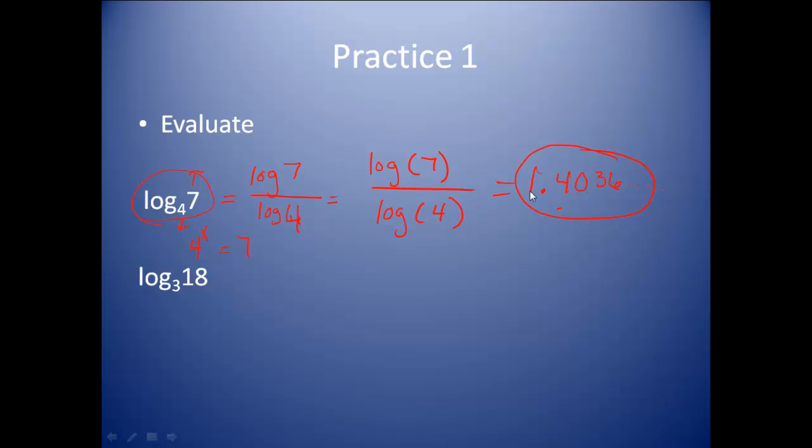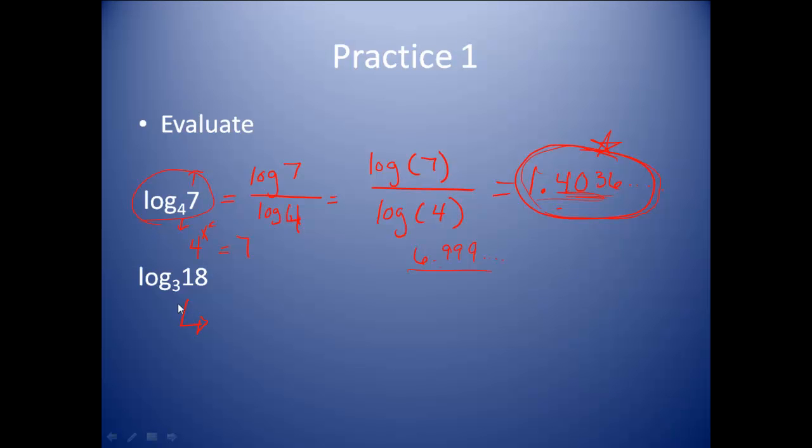Now, if you use just the rounded decimal of 1.4036, you're going to get 6.999. The reason it's not exact is because this is rounded. So that is almost 7, and because we rounded our answer here, we wouldn't expect it to be perfect. So that would be the exponent that we would need here for x.